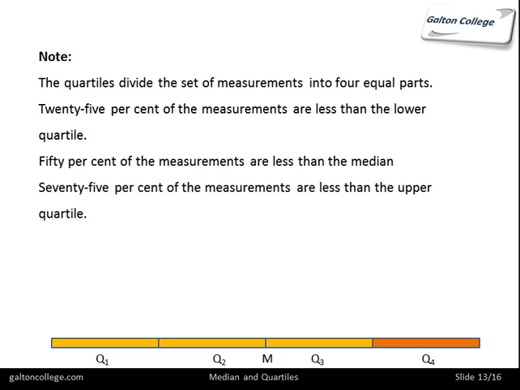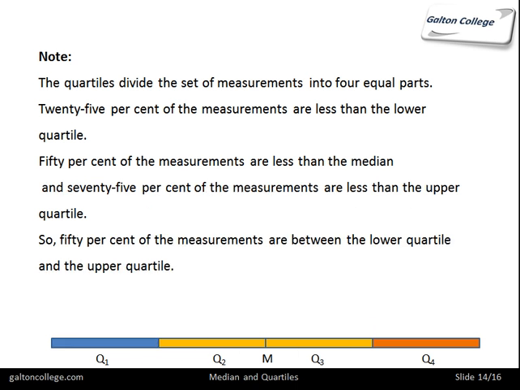75% of the measurements are less than the upper quartile. So here's the upper quartile, Q3, and 75% are less than that. So 50% of the measurements are between the lower and the upper quartile.